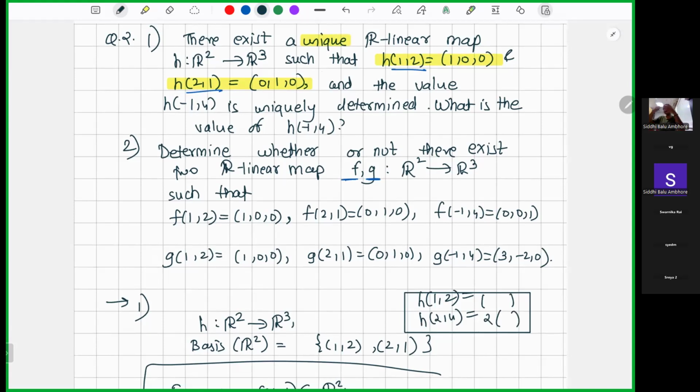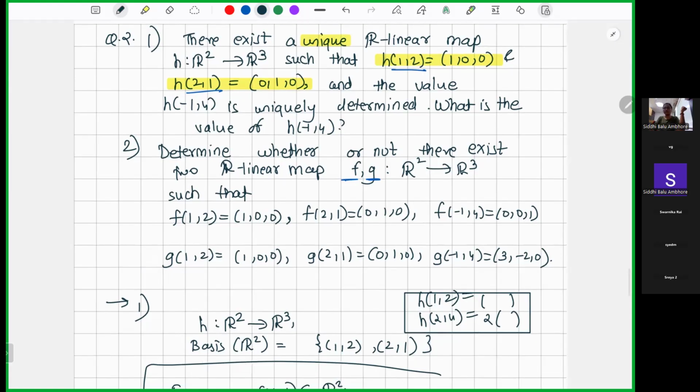In that case, I can take one extra element which is linearly independent of this, and I can define whatever I want to that. I can map that element to any point in R3, and I will get infinitely many such Fs, for each choice of whatever I choose the second element to be. And that will just take away the uniqueness which we have here because of the basis.